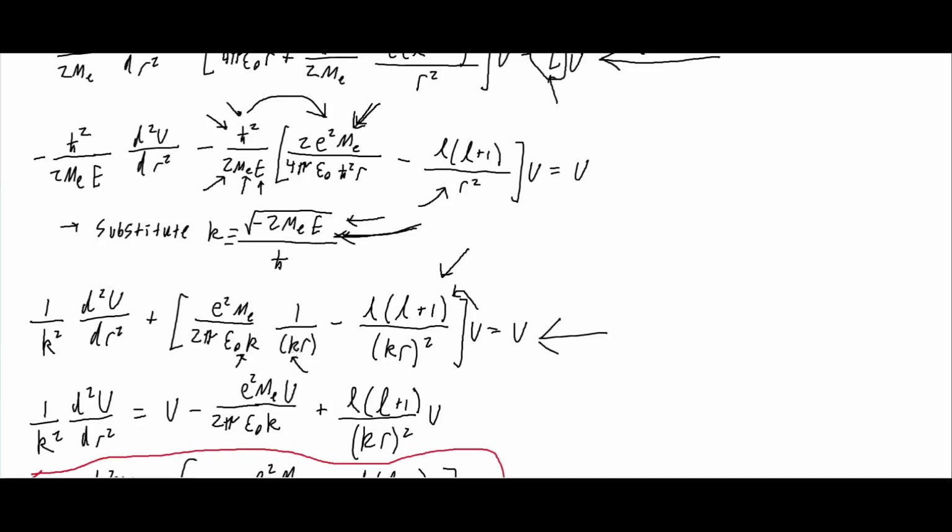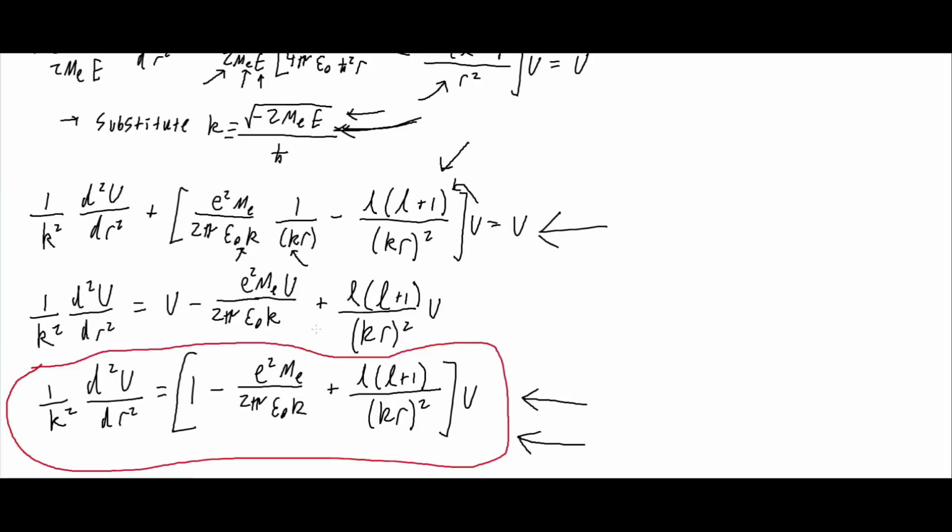And then I separated one of the k's out from here with the r, which is our distance from the nucleus, so that when I make another substitution here in a little bit, we won't see it.